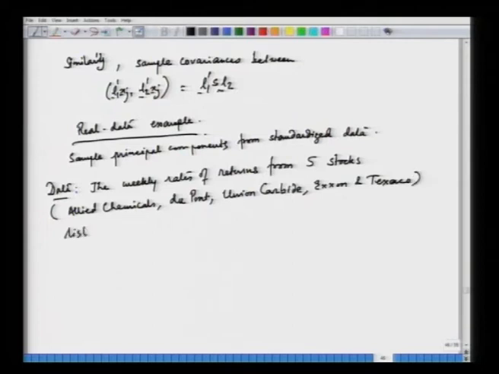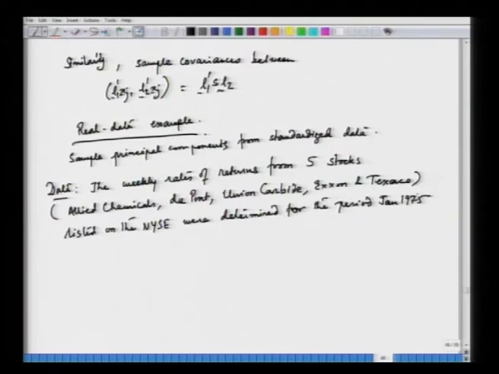The weekly rates of all these 5 stocks were determined for the period January 1975 through, with old data, but it does not matter, through December 1976.